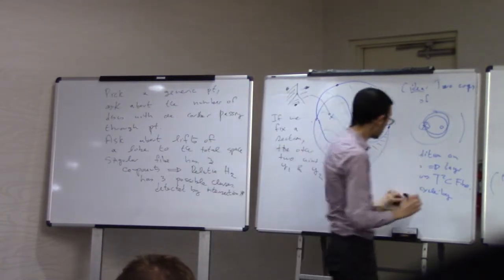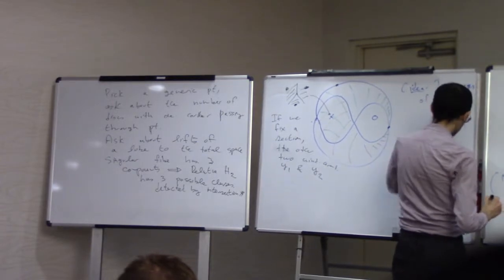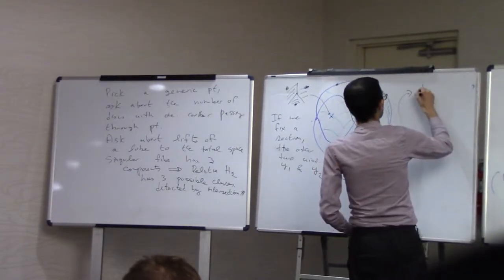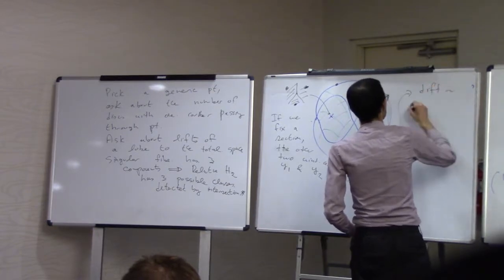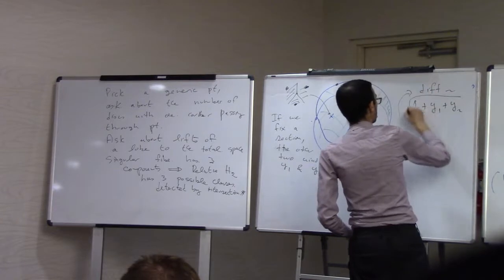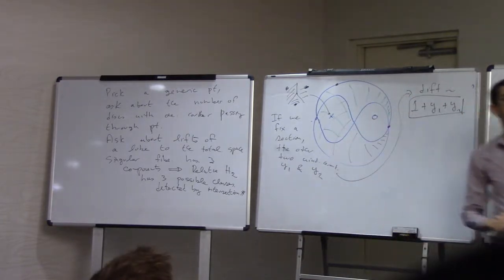And if you go through this, what that tells you is that the formula for the differential of the thing that could hit the unit, so the differential basically is 1 plus y1 plus y2, which is what I promised you as the equation for the mirror.